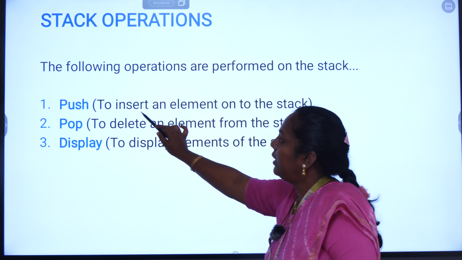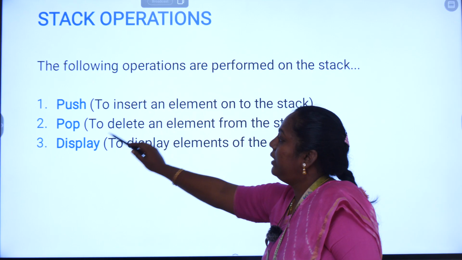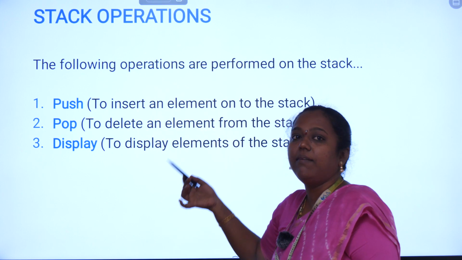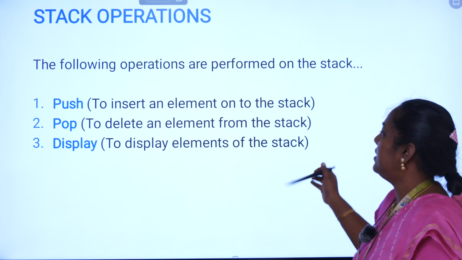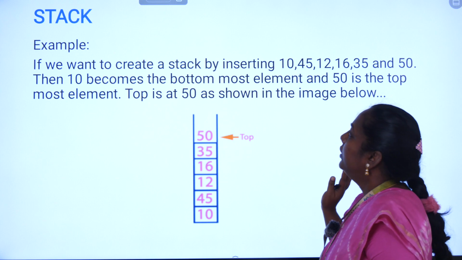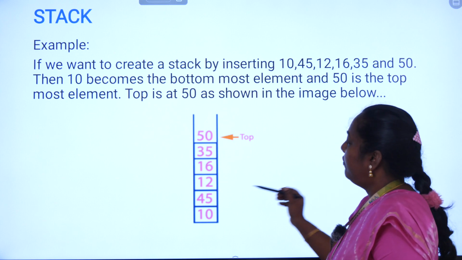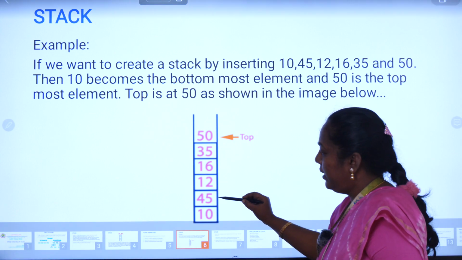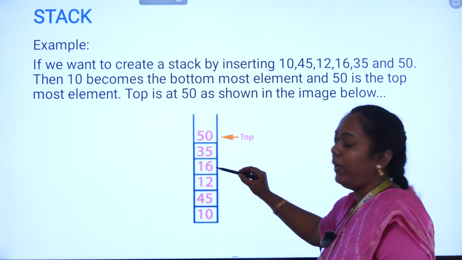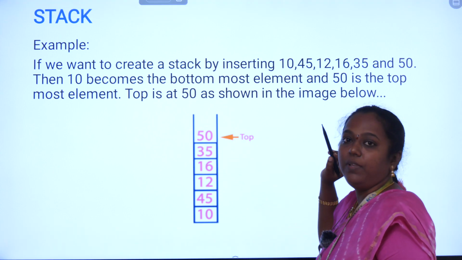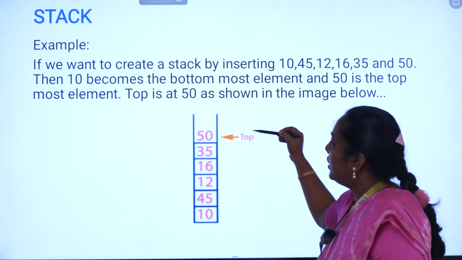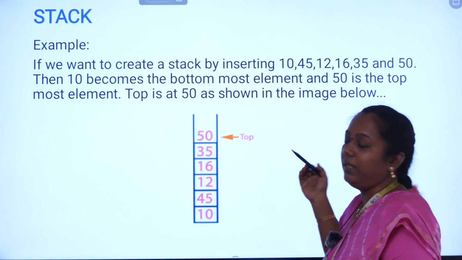Push is nothing but insertion, pop is nothing but deletion, and display means whatever content is available inside the array, you can just display. So this is how your stack will be. First you insert 10, then 45, then 12, 16, 35, 50, like this. Whenever you do insertion, the top pointer is updated by 1.